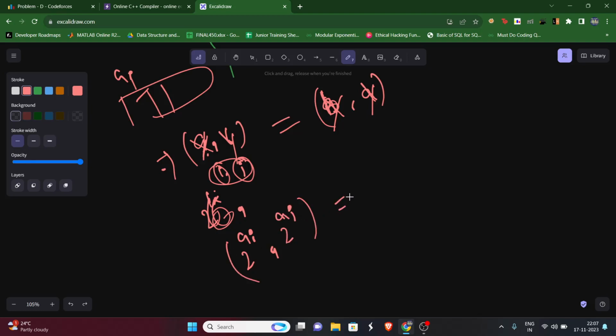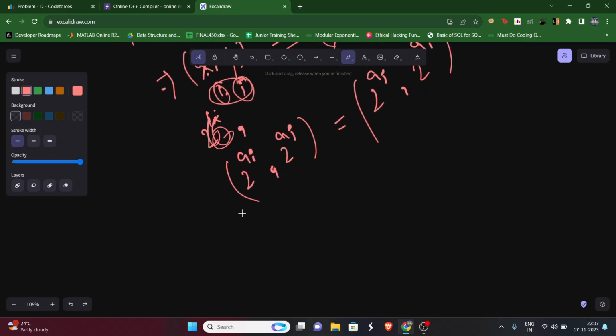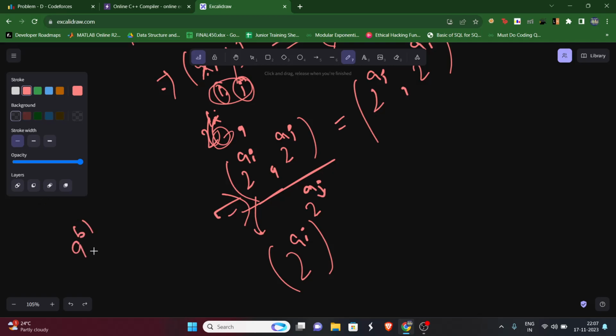Similarly, we take 2 to the power a of j and 2 to the power a of i. The combination will result in 2 to the power a of i, to the whole power 2 to the power a of j. There is a mathematical property that a to the power b, to the whole power c, we can simply multiply the powers.